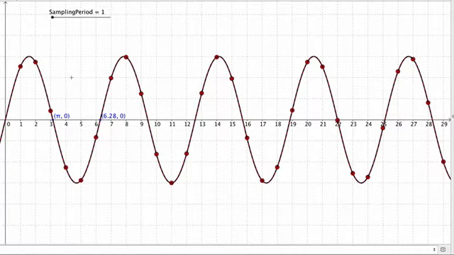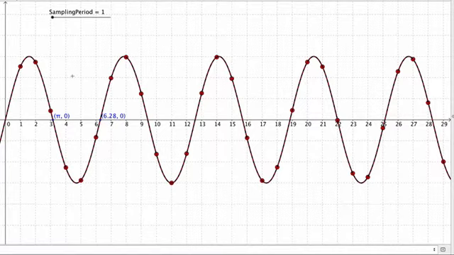What do you notice about 3? What's 3 got to do with it? Look at the period of our original signal. It's about 6. If we started sampling with a sampling period of 3 or more, we get into trouble. And this is actually a very important principle in all sampling of digital signals.